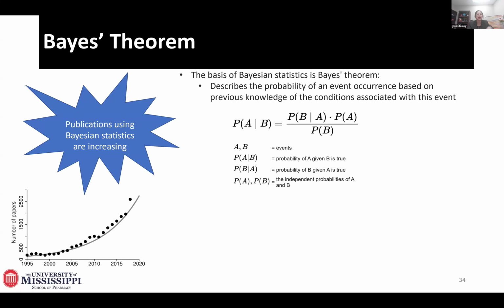Okay, to summarize, the Bayesian theorem relates one conditional probability to another conditional probability. It helps us identify the probability of an event based on prior knowledge of conditions associated with the event.